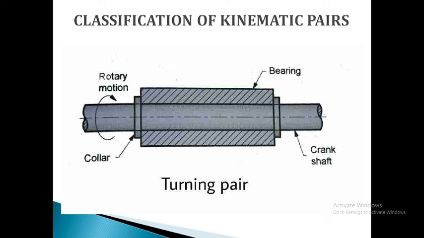As we can see in this diagram, the combination of these two links has only a rotary motion with respect to each other. So this type of kinematic pair is known as turning pair. Here one link only rotates with respect to the other link.